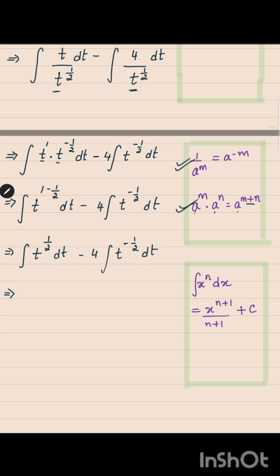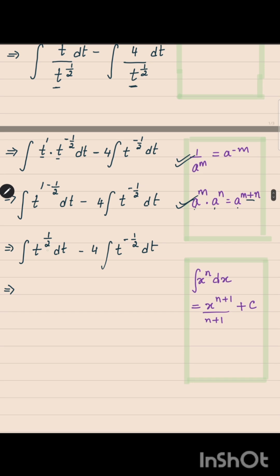Now integral of t to the power 1 by 2 and integral of t to the power minus 1 by 2. We know the formula, right? Integral of x to the power n formula. So here we can write it as t to the power 1 by 2 plus 1 divided by 1 by 2 plus 1, minus 4 into, again for t to the power minus 1 by 2 we apply the x to the power n formula, which is x to the power n plus 1 by n plus 1.